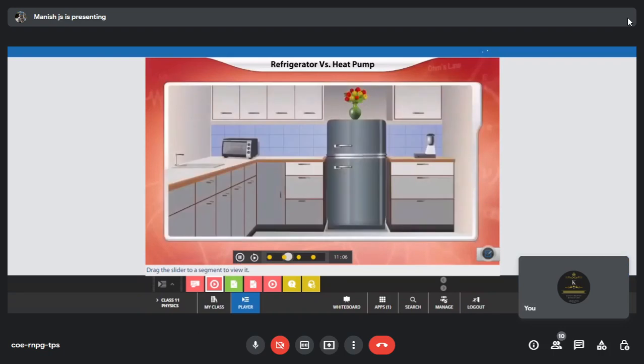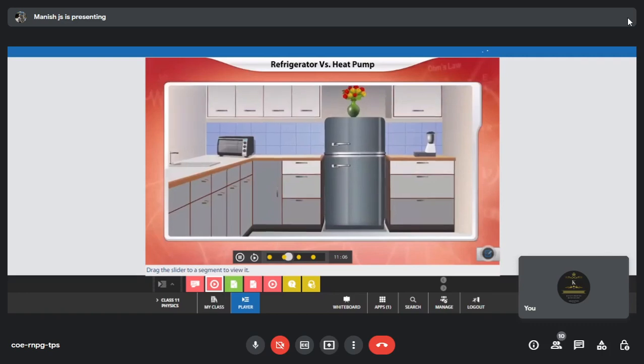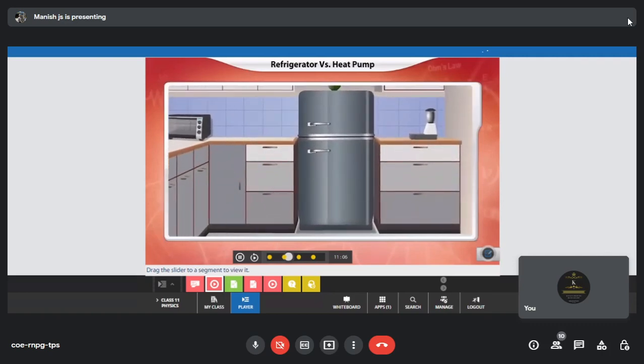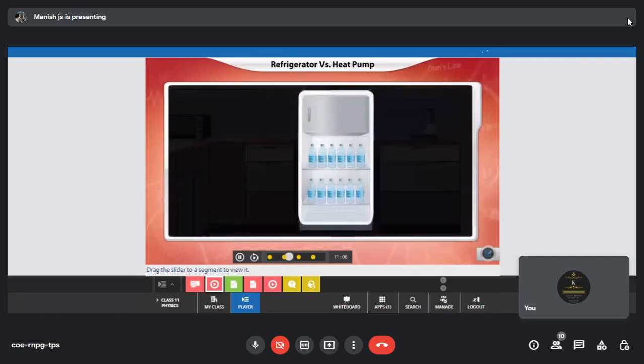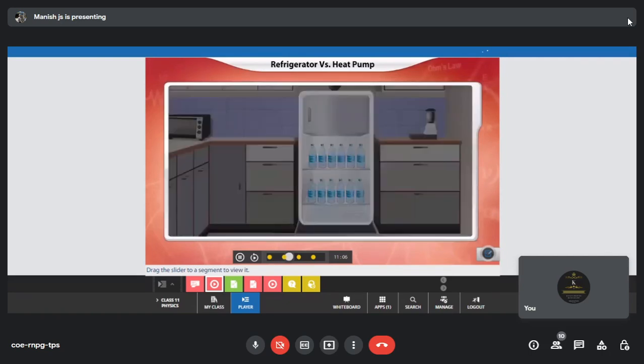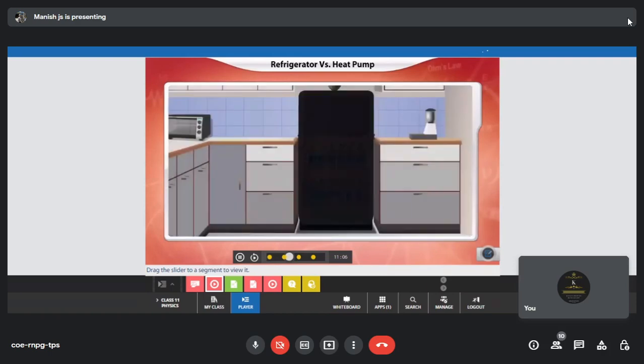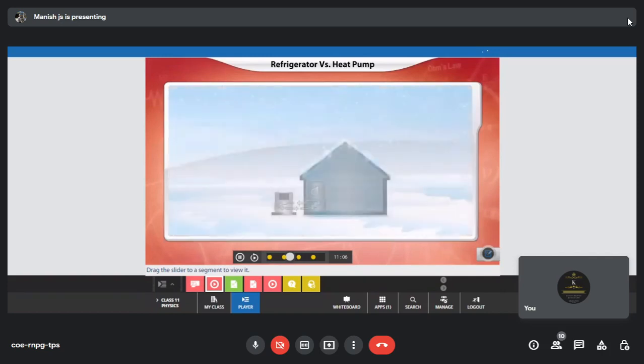Heat pumps and refrigerators work on the same principle, only their functions differ. The household refrigerator is used to cool a portion of space like the freezer within the refrigerator. The refrigerator is surrounded by a hot reservoir, that is, the air surrounding the refrigerator, which is at a higher temperature.